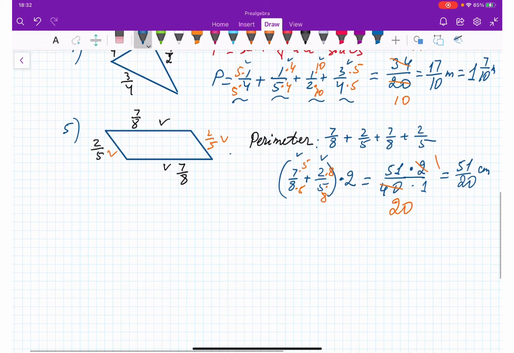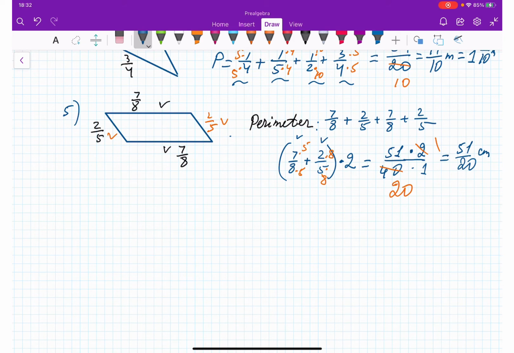Number 6. Okay, we have negative 1/10 and we have negative 7 over 8. We need to compare and put the sign of inequality: greater, less, or equal. What do we have to do to compare the fractions? We need to bring to common denominator, 10 and 8.